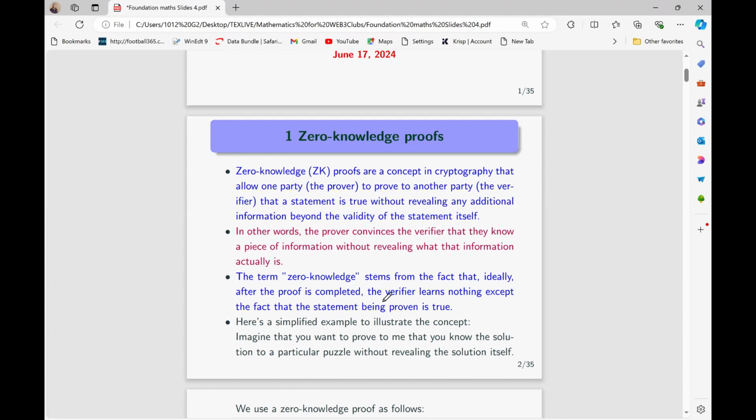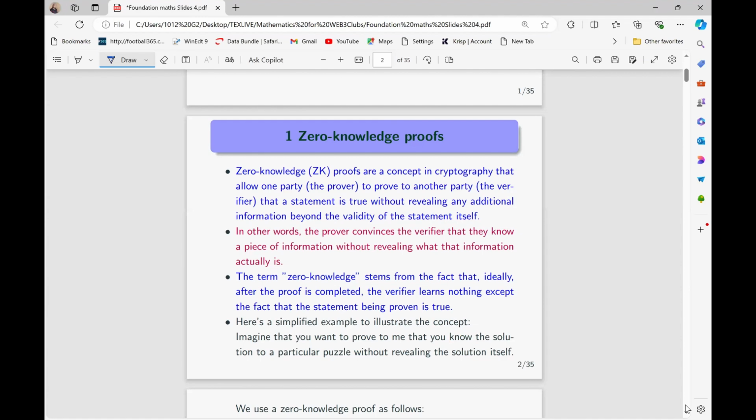But the prover in the process has always to ensure that they do not give more information than is required to the verifier. So you avoid giving more information. If you ask this question, you reply just to that question, but you ensure that the answer does not lead to the information you're trying to hide.